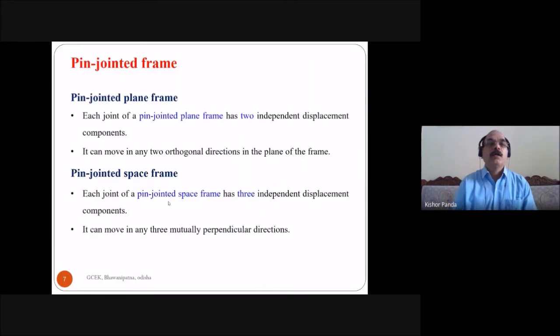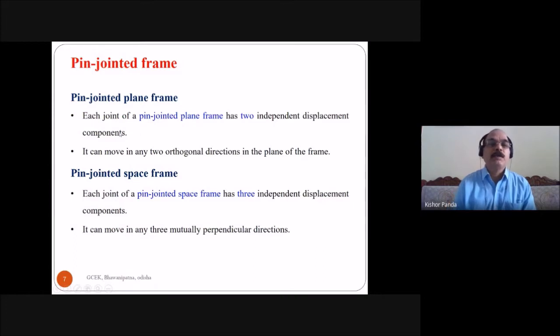Then coming to the pin jointed frame. So already you know what a pin jointed frame is. There are two types: pin jointed plane frame and pin jointed space frame. Plane frame is a two-dimensional structure and space frame is a three-dimensional structure. What is a pin jointed plane frame? Each joint of a pin jointed plane frame has two independent displacement components.